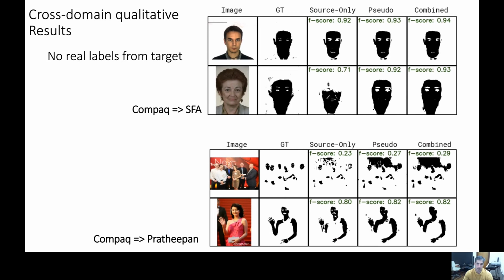Using domain adaptation from COMPAC to SFA leads to impressive results, even though using no labels from target. This observation completely refutes the criticisms of needing large datasets for training and lack of generalization power of deep neural networks.